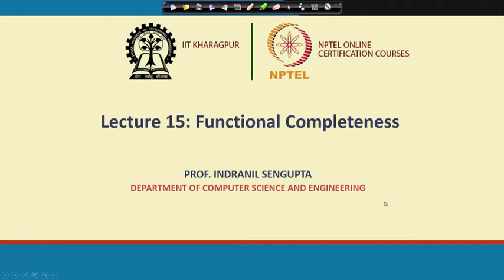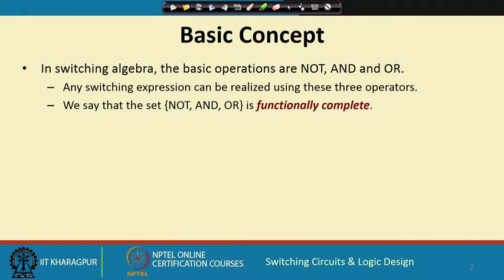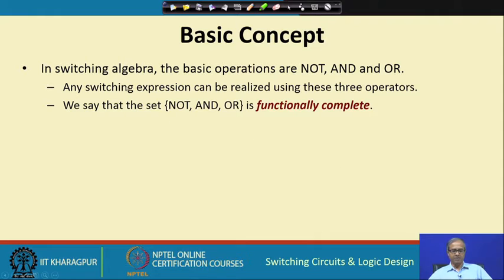This forms the notion of functional completeness or the universal set of gates. So, the title of this talk is functional completeness. Let us understand the notion. Now, in switching algebra, whatever we have seen from the basic definition, the operations defined are NOT, AND and OR.